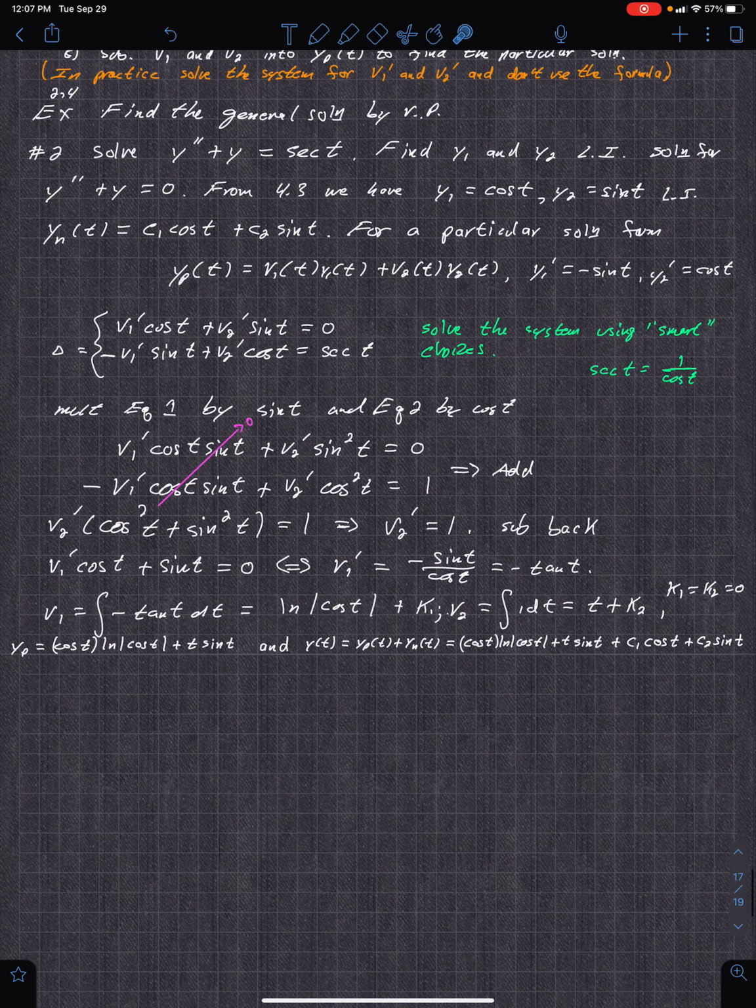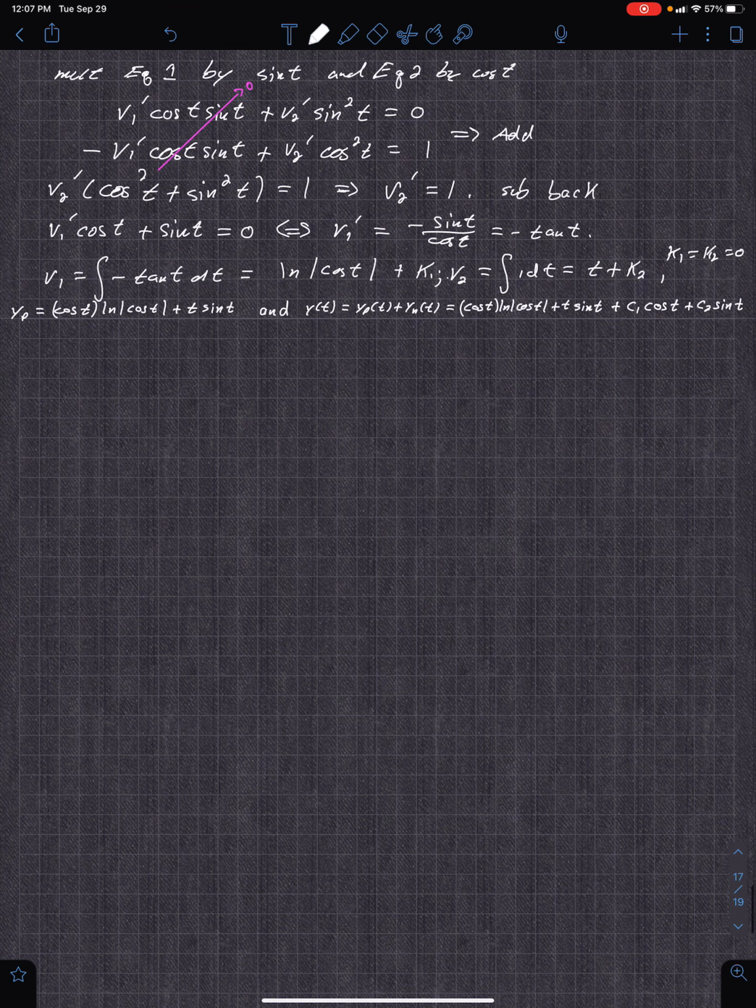Okay, let's look at one more. This is example number 4. So solve y double prime plus 2y prime plus y equal to e to the negative t. So first we find our solution to the homogeneous case.